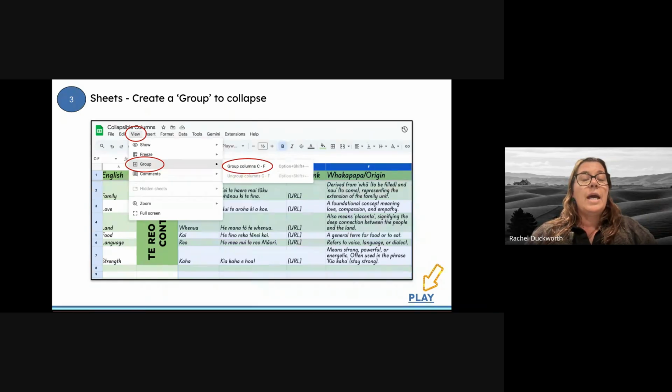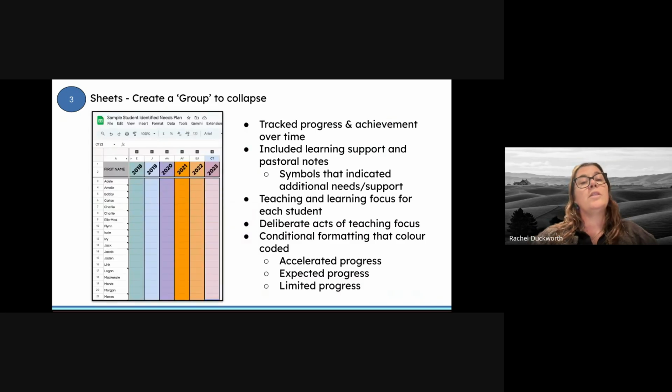But the very last slide, Donna, of mine, is the one that I want to talk to the most. So this one here is a sample student identified needs plan that I put together obviously many moons ago, as you can see, because it goes from 2018 to 2023. And this was before we started tracking in our student management system.